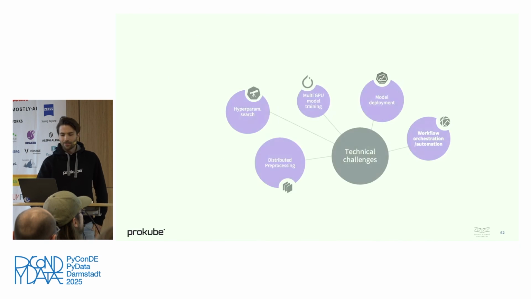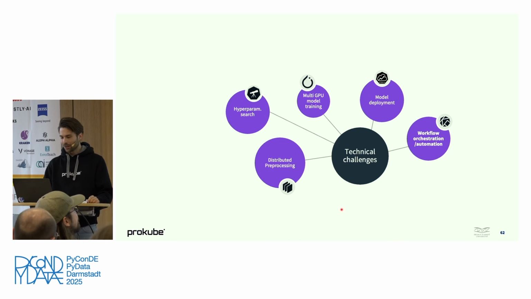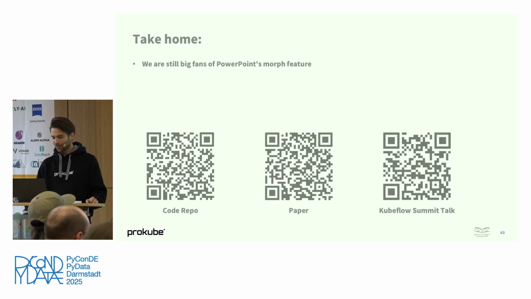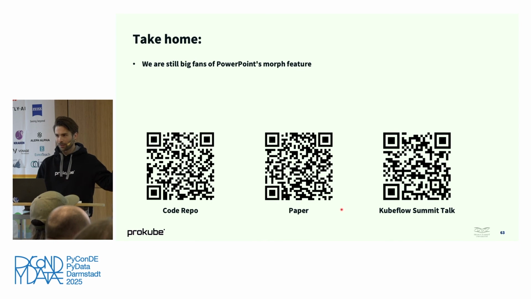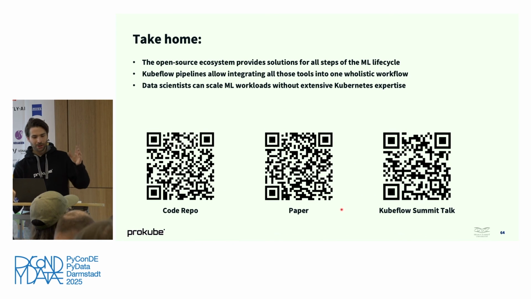So that's it. That's all the things we wanted to integrate in a holistic framework. And which brings me to the end of our talk. If you want to remember anything from what we've told you, we'd like you to remember first that we are still big fans of PowerPoint's morph feature. And the open source community has a lot of tools that can help you in the ML lifecycle.